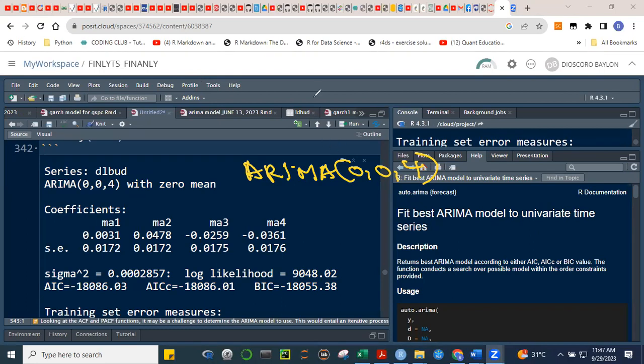And how will our equation look like? Since we're modeling the difference of log of BUD sub t, which is a time series, this is our model: it is equal to 0.0031 times what, class?